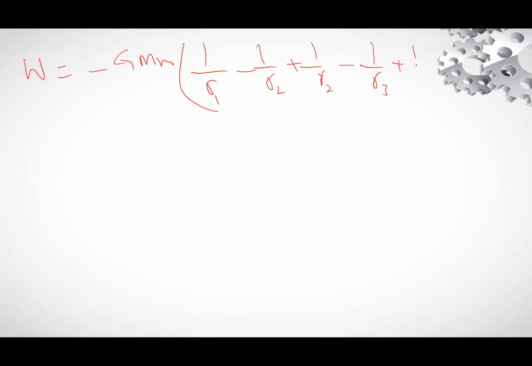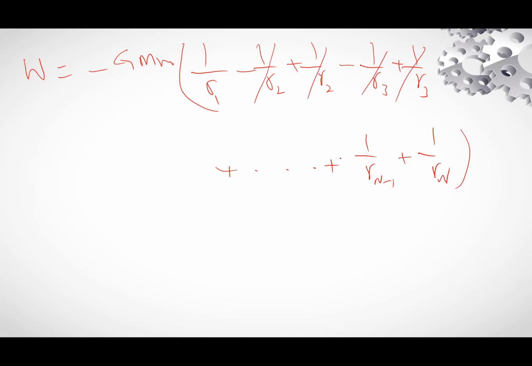So work done will be equal to minus GM m, which is common, times (1/R1 minus 1/R2 plus 1/R2 minus 1/R3 plus 1/R3 plus dot dot dot plus 1/R(n minus 1) minus 1/Rn).